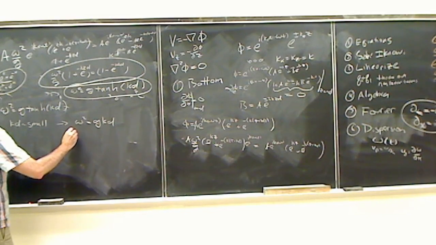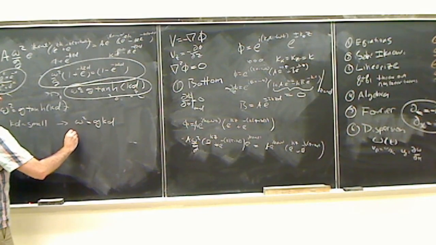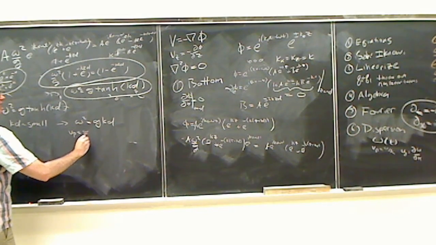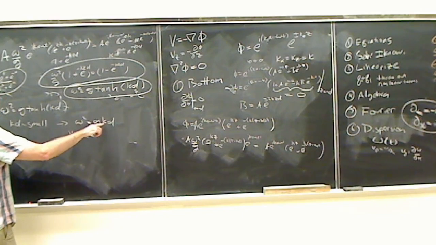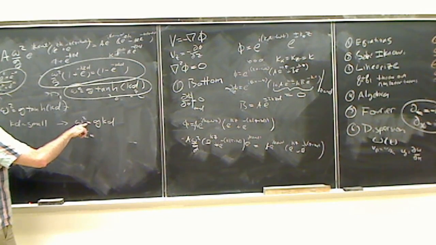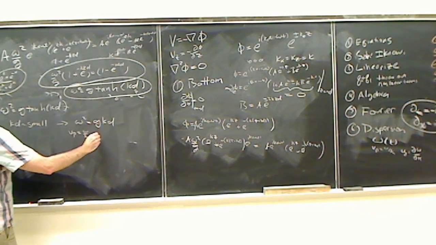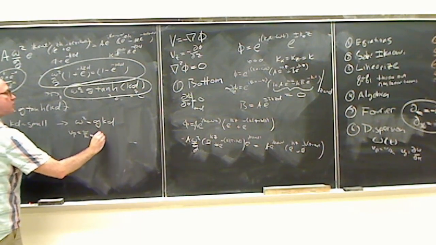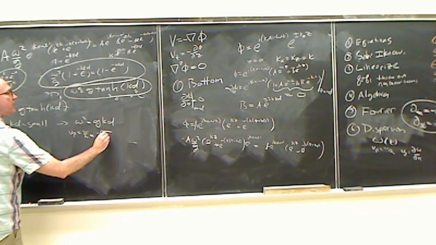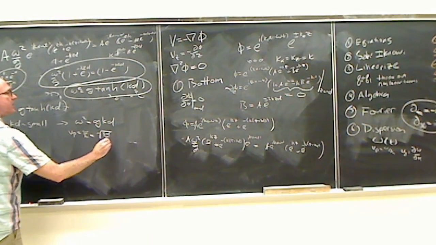And then the phase velocity, v phase, is omega over k, and I divide through by a k squared, and I'm left with omega over k is the square root of gd over k.